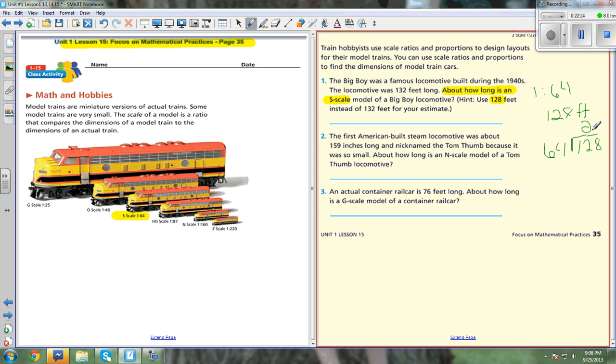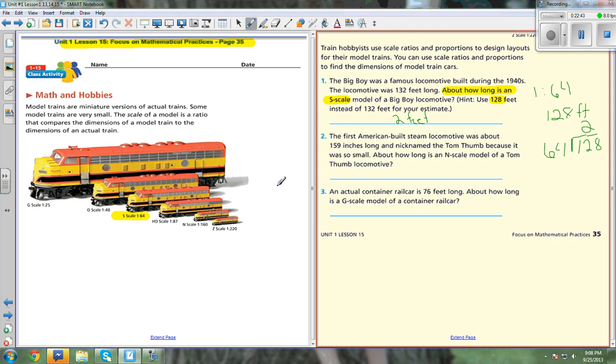So your S scale model of the Big Boy would be 2 feet, because 1 foot represents 64 of the actual locomotive, according to the scale.